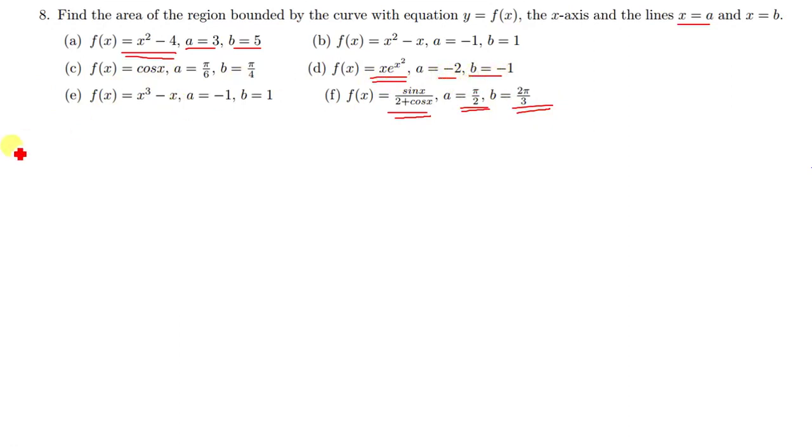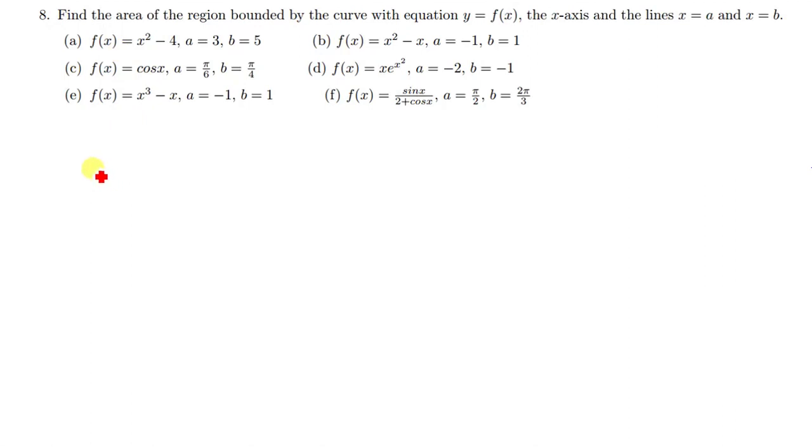So what you do here, you first look at your function. If you want to sketch it, you can see that the coefficient of x squared is positive, which implies that it has a minimum value.